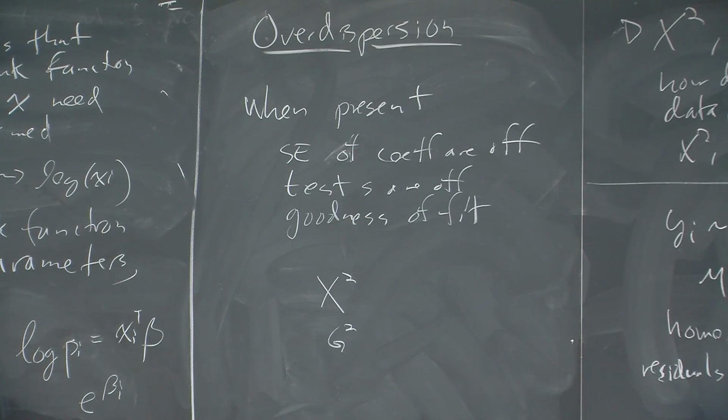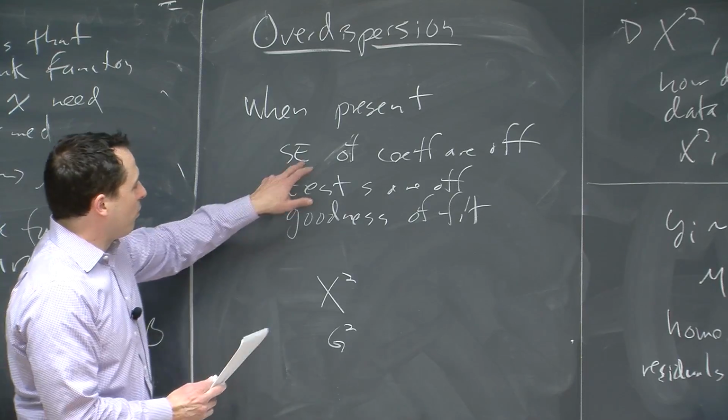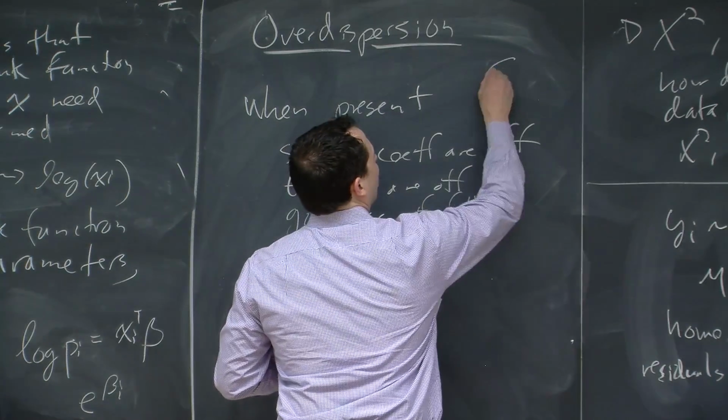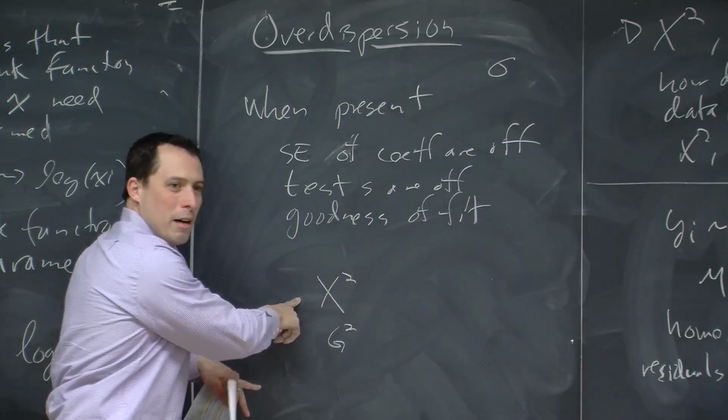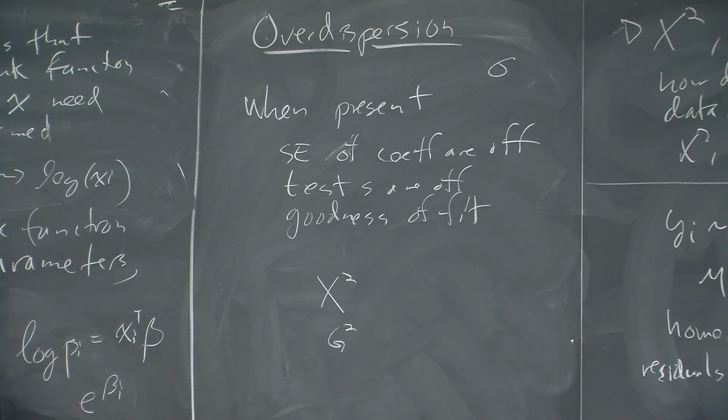And we're going to adjust it. We're going to force it to be a good fit by introducing this new parameter sigma, which is based on how much larger this is than what we expect. So we're forcing the model to fit. It's an adjustment that is fine to do, but you should have a good theoretical reason as to why there's overdispersion.